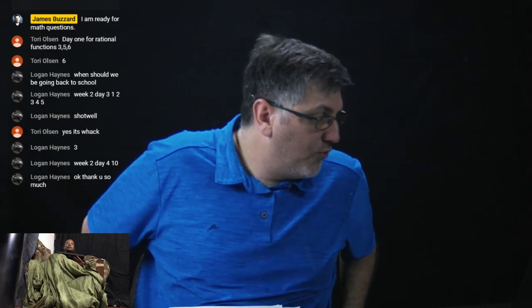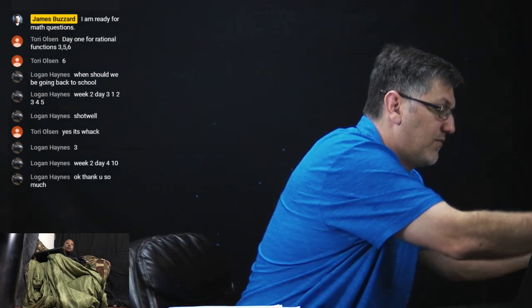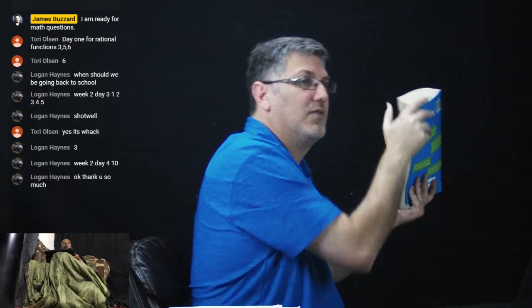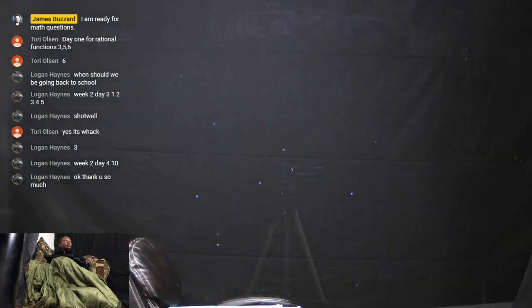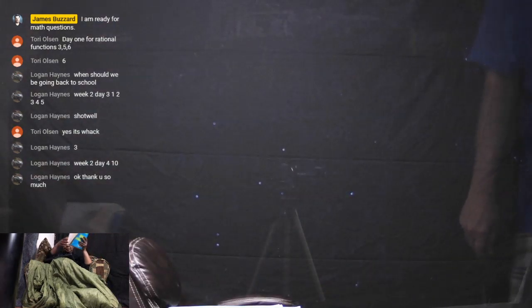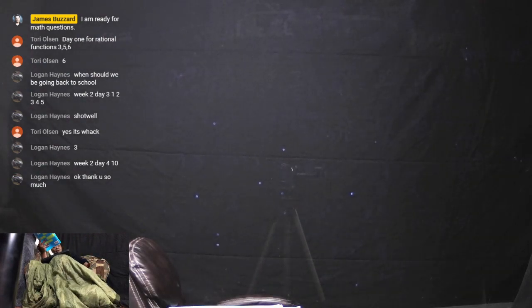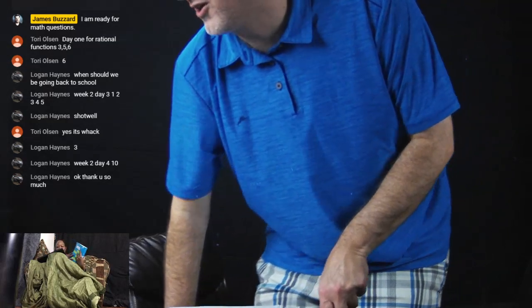The SAT, is this for the new SAT or the old SAT? Well, look at all those spots. You see all those spots on the glass? Yeah, I can see them on the screen.